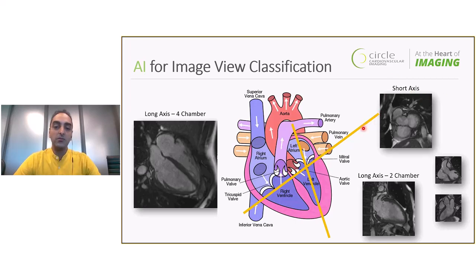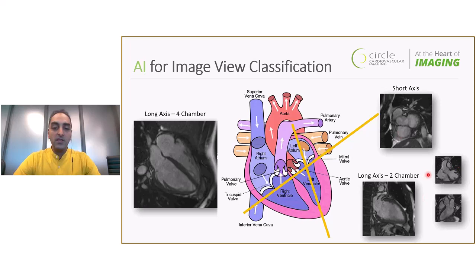So it is typical to acquire 8 to 10 different slices that essentially go down from the base of the heart, which is where the valves are, all the way to the apex, where the cone just narrows down. So we have multiple short axis views, and we have different long axis orientations, such as the 4-chamber, 2-chamber, and there are also additional views, such as the 3-chamber view, which shows the aortic valve and the mitral valve on the same plane, and there's also the LVOT, the left ventricle outflow tract, which focuses more on the aortic valve.